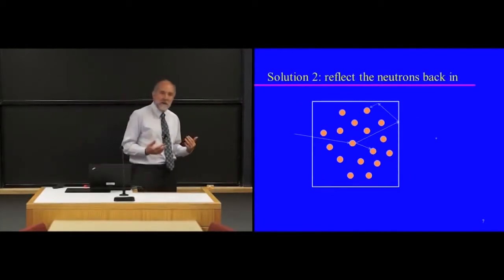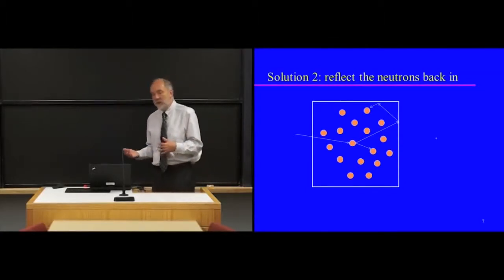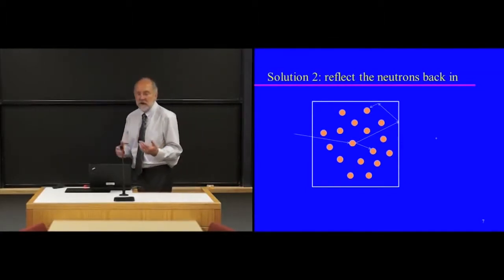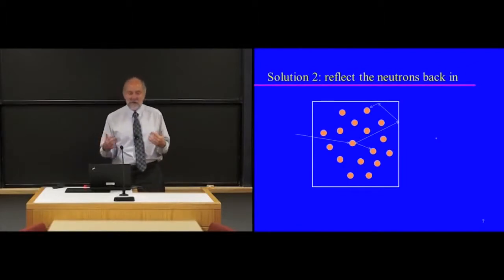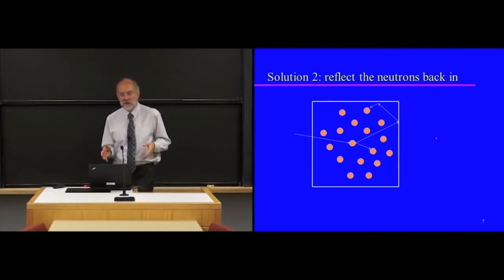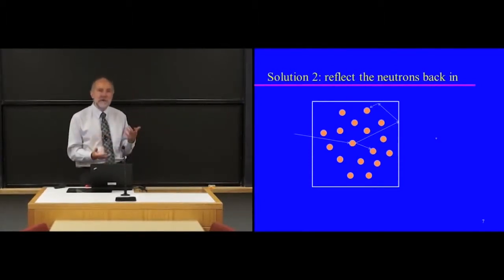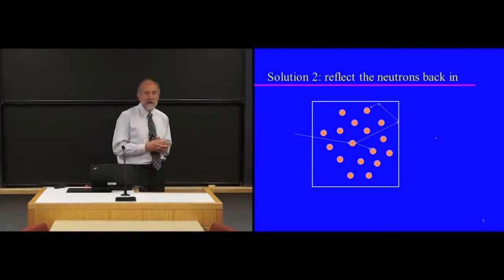Another idea is to reflect the neutrons back in. So here I've pictured the atoms in a box, and the box is a perfect reflector of neutrons. There isn't any such thing as a perfect reflector of neutrons, but there are things that will reflect neutrons more or less well.